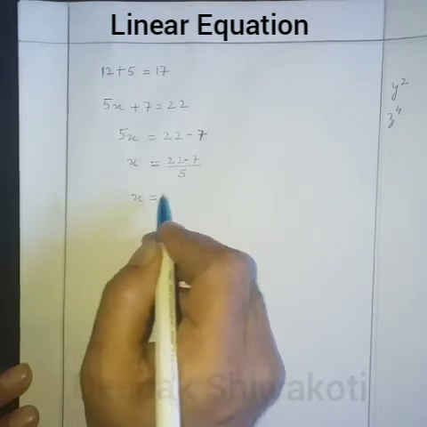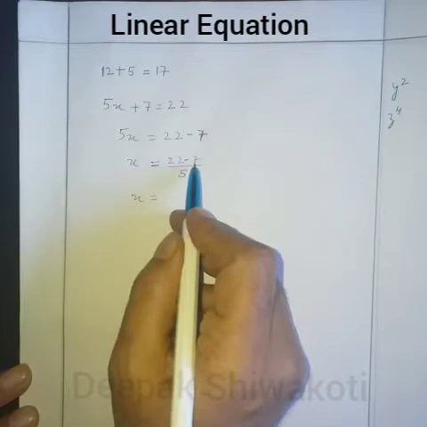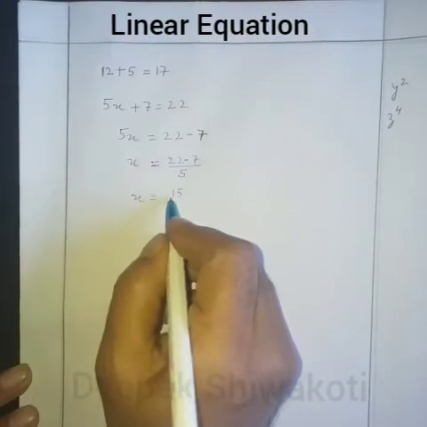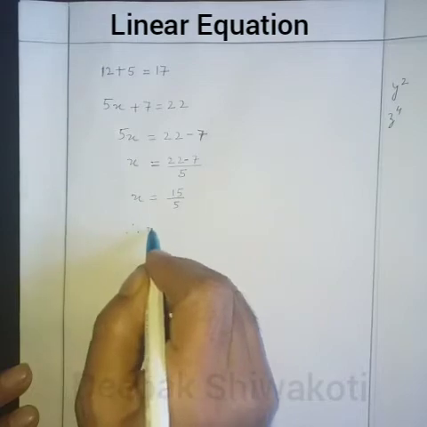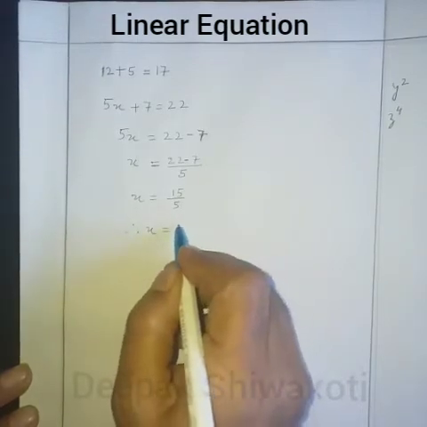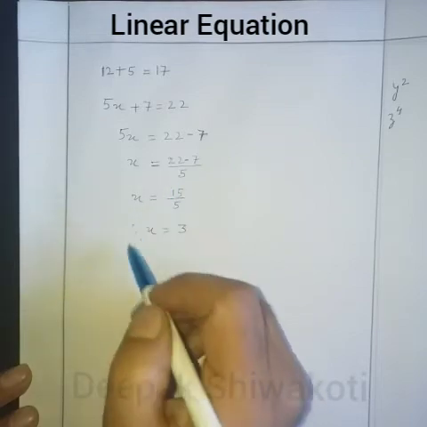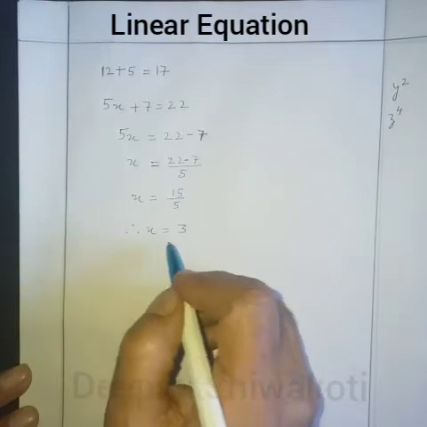When you subtract in the numerator 22 minus 7, how much are we going to get? 15, isn't it? 15 by 5. When you divide, you get the value of x, that is 3. 5 3s are 15, isn't it? So we have solved for the variable and the value is 3.